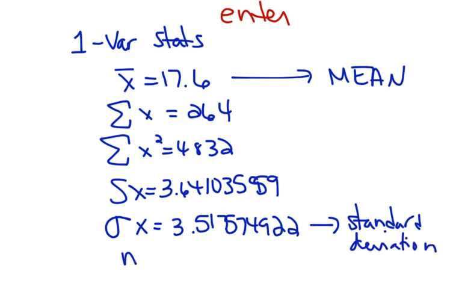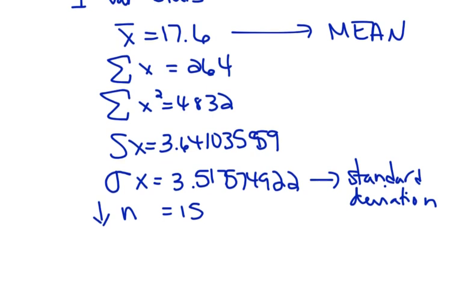And then it says n equals 15 because that's the number of data points, and then there's probably a down arrow, and there's more information. If you were to take advanced placement statistics, you may go look at some other information. So if you actually put this in the calculator, it'll tell you the mean, it'll tell you the standard deviation. Well, it didn't give me the variance. Well, that's okay.